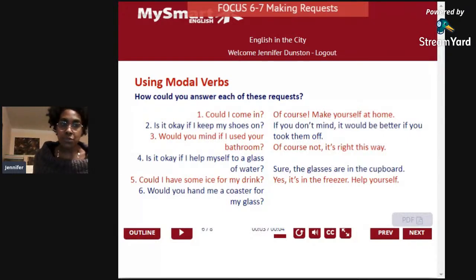Why do we use coasters? Does anyone know what a coaster is? They used to be more fashionable, especially if you have ice in your drink. It's a good idea to use a coaster. Does anyone know why?